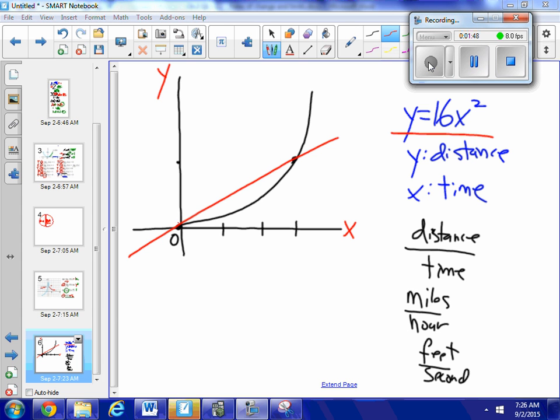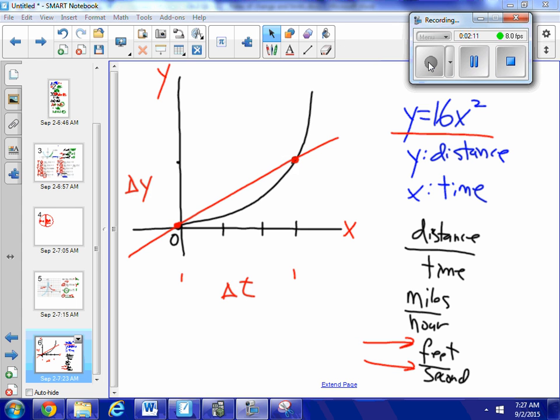The slope of this line between that point and that point represents the change in height, and this is the change in time. In other words, it's the amount of feet per second. That is the slope of that line.